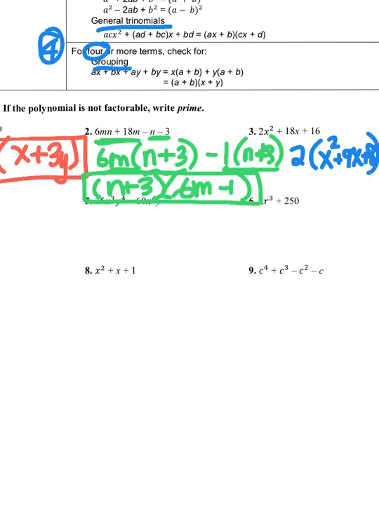Inside the parentheses, I have a trinomial, so I can factor that to be x plus 1 times x plus 8. And that is my final answer. Do make sure you bring down that 2. That 2 is part of your answer. Once you're ready, go ahead and practice that with numbers 4 through 9, and then check back here once you're ready.